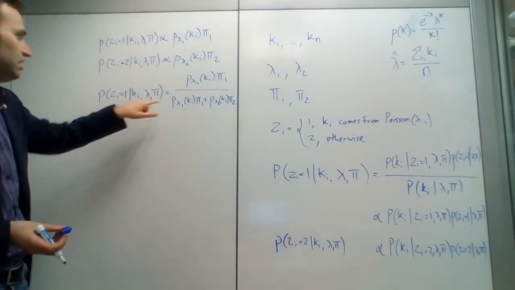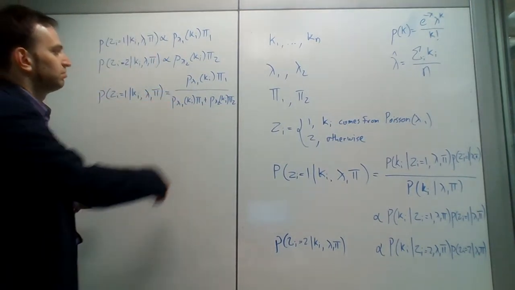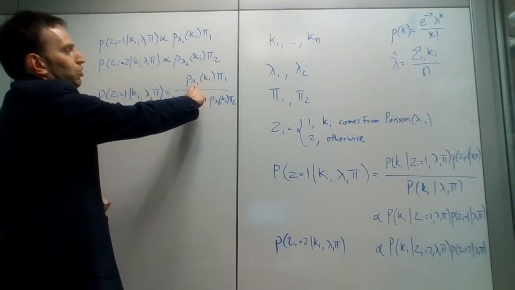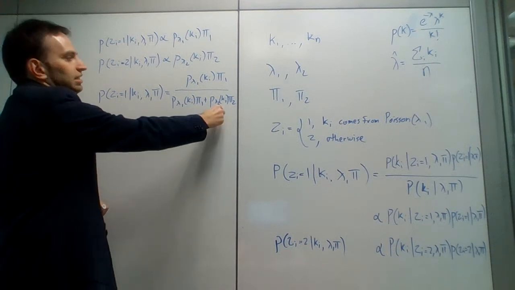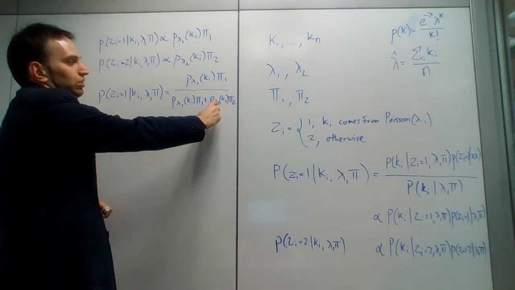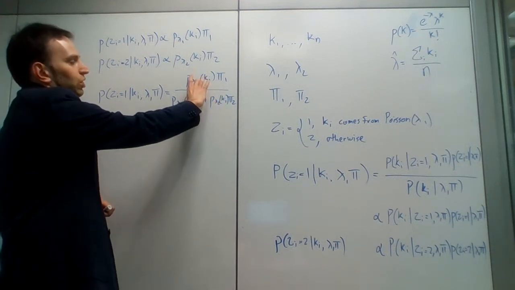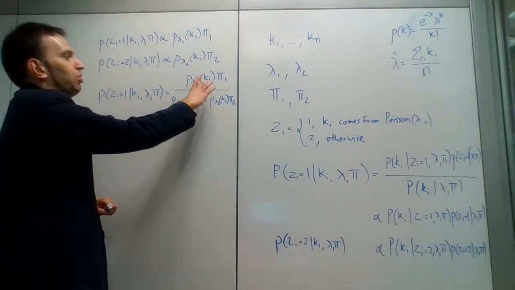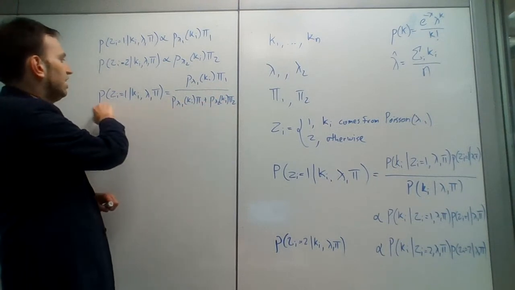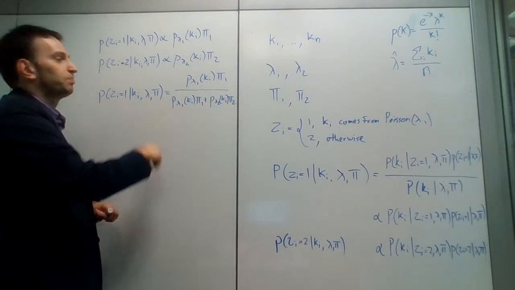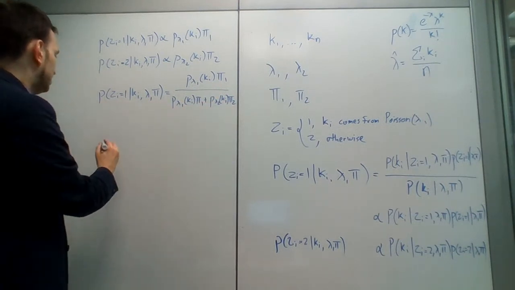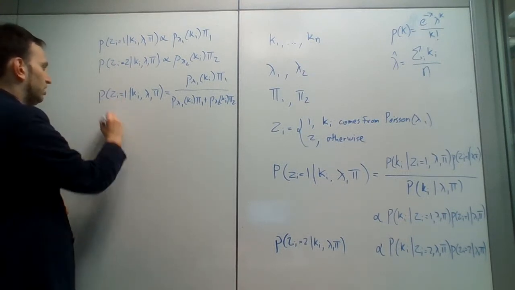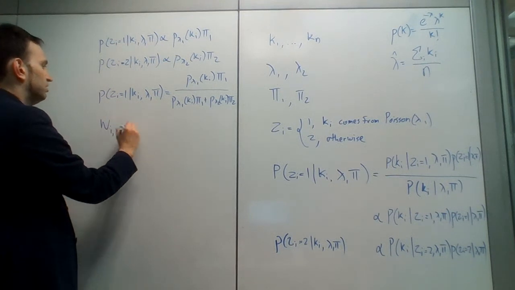And you can see that it makes sense, right? Because this term is going to be large if ki is close to lambda 1. On the other hand, this one is going to be large when ki is close to lambda 2. So if the first is small, then the probability of zi equals 2 is going to be large. If the first is large compared to the second, then this quantity is going to be large. The last thing before we end this video is to call this wi1.